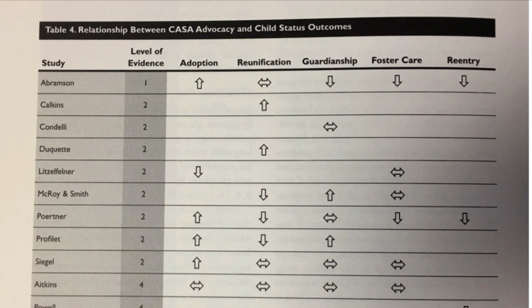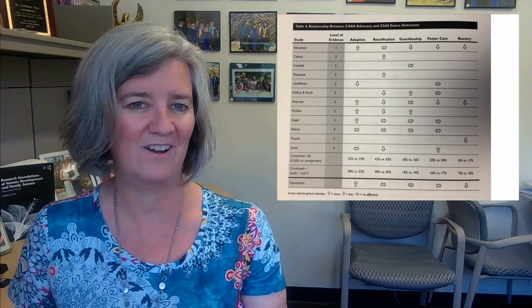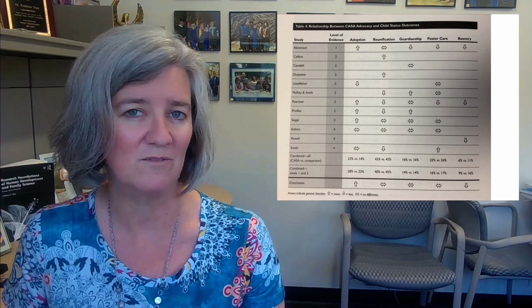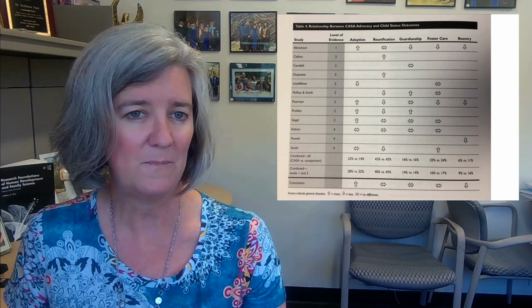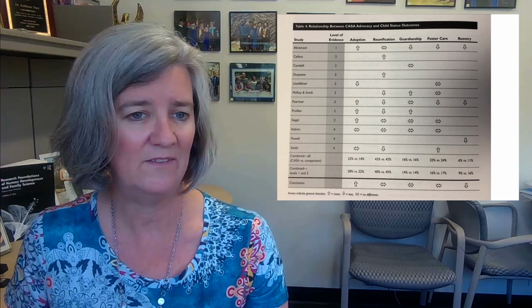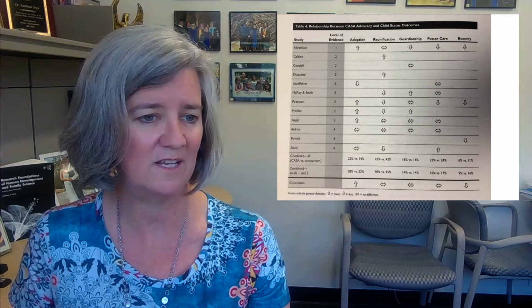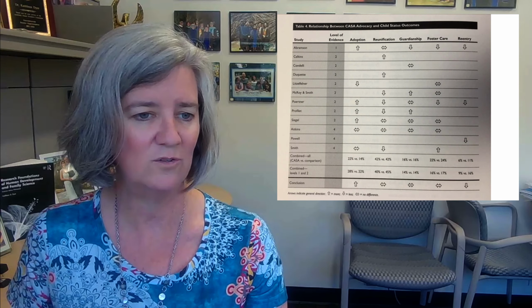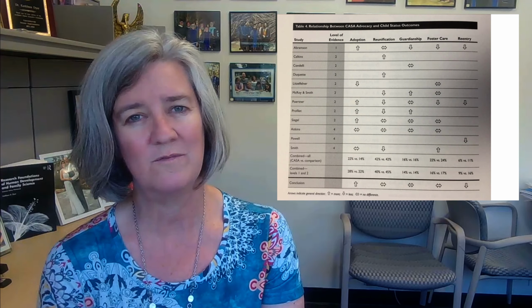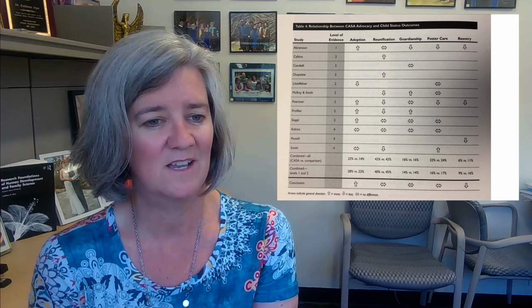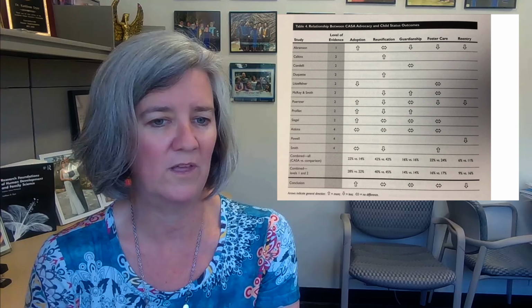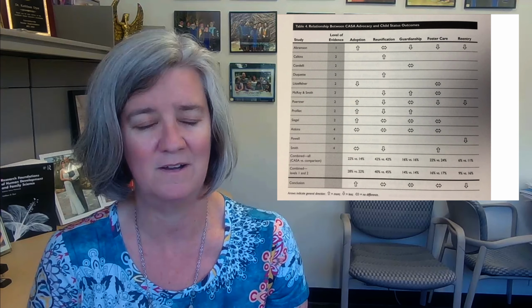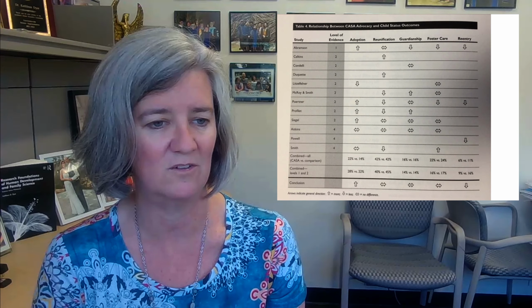And there seemed to be no difference between the CASA kids and the non-CASA kids in the likelihood they were reunified with their parents. So the arrows there are kind of indicating the basic results of all of those outcomes in that study. And we did that for each study, and you can get to our conclusion at the bottom, which is sort of a subjective analysis of overall where do we think this evidence takes us? What is the conclusion?